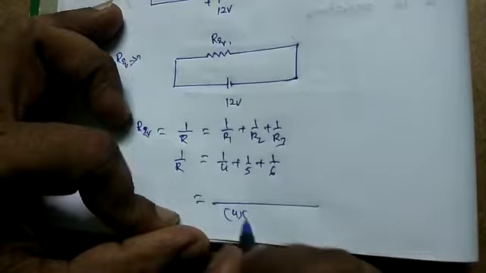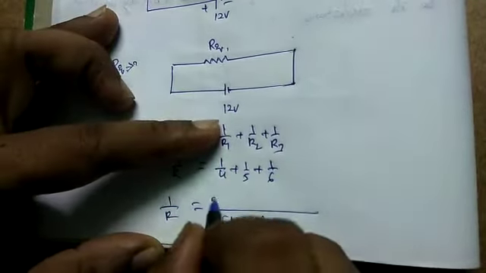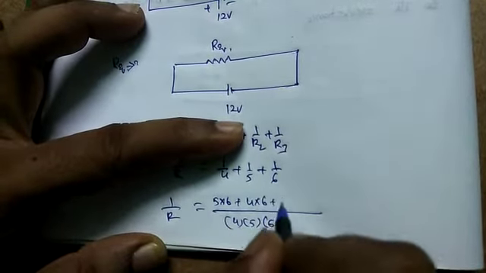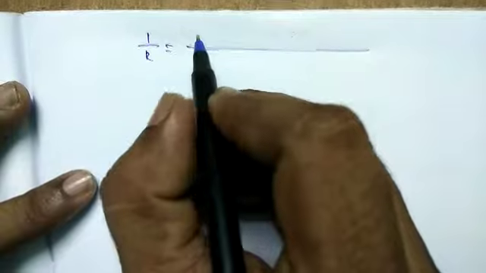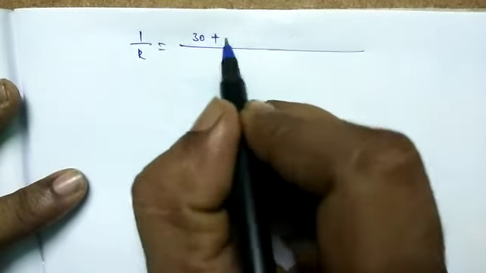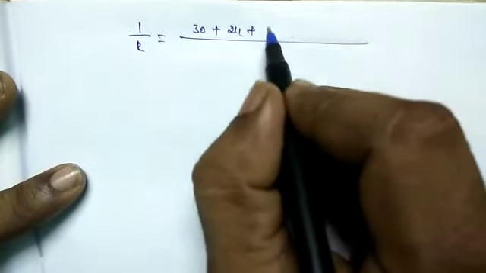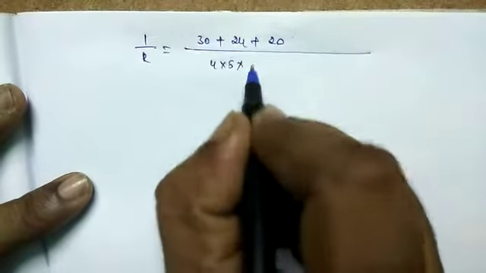So taking the common denominator 4 into 5 into 6: 5 into 6 plus 4 into 6 plus 4 into 5. Therefore 1 by R is equal to 5 into 6, which is 30, plus 4 into 6, which is 24, plus 5 into 4, which is 20, divided by 4 into 5 into 6.